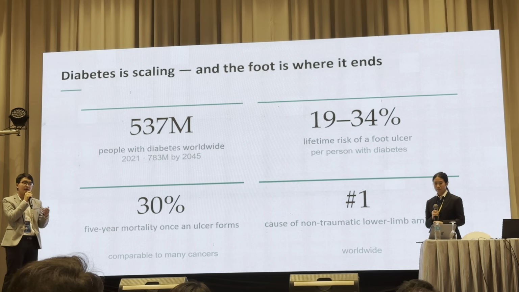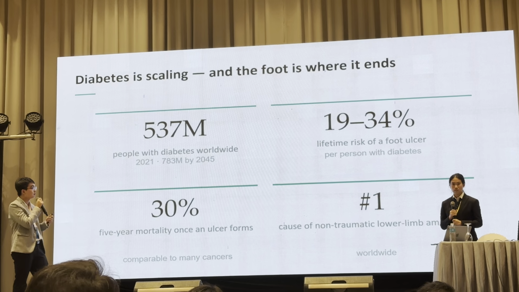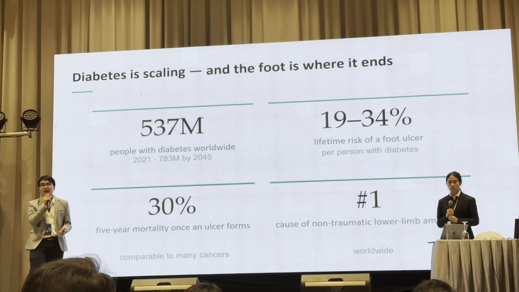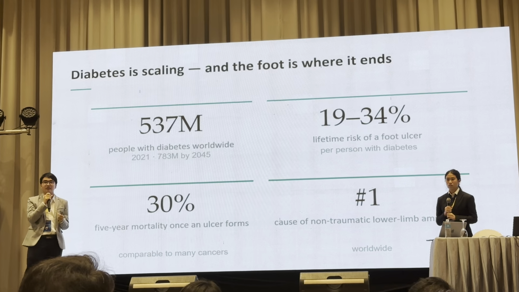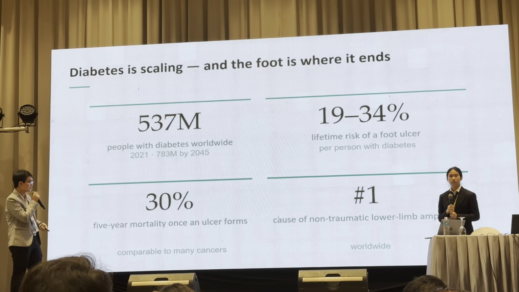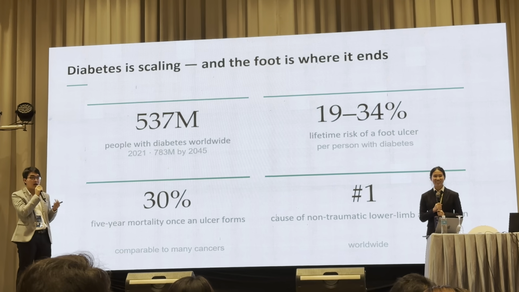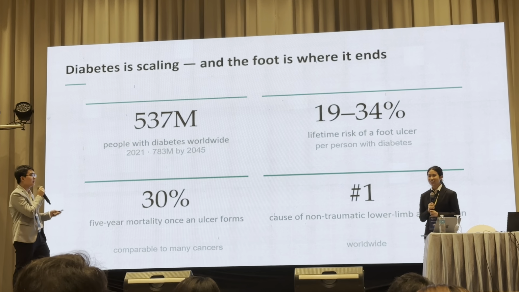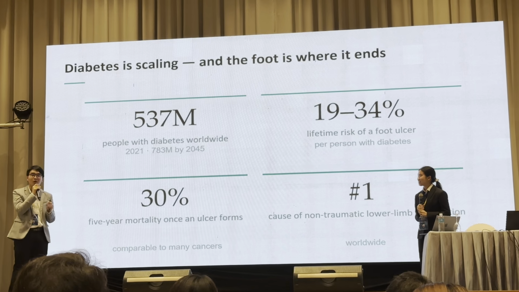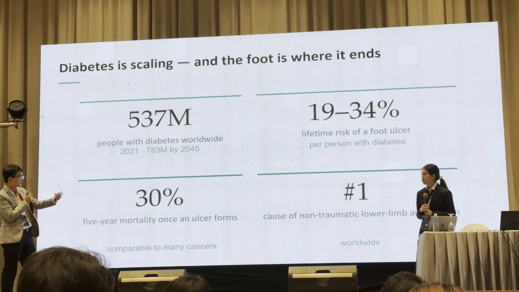And once that ulcer forms, they have a 30% five-year mortality rate, or otherwise a 30% chance to die within 5 years. It's comparable to many other cancers as well, and it is the number one cause of non-traumatic lower limb amputations worldwide.